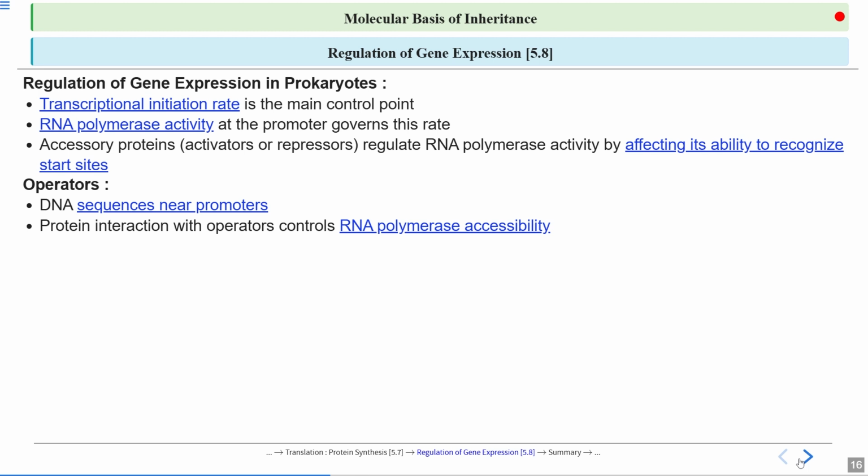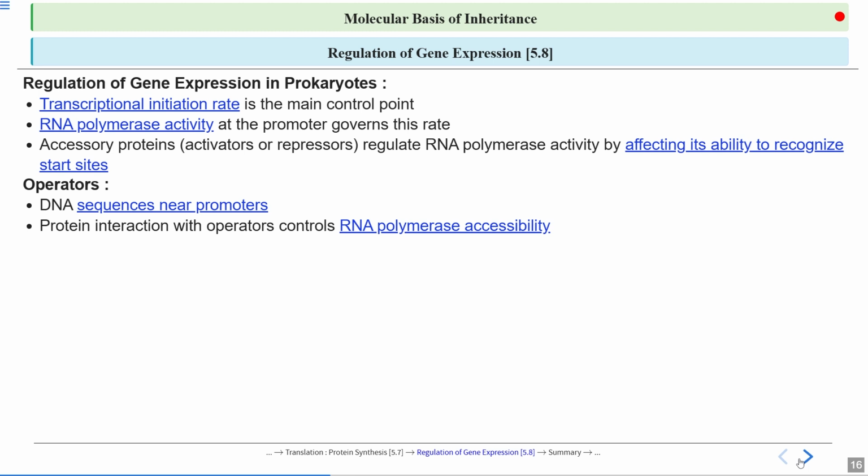So for example, operators. This is not a protein. Actually, this is a DNA sequence. It is the DNA sequence near the promoter. Protein interaction with operators can control RNA polymerase accessibility. So here what it is saying is that we talked about accessory proteins that can regulate RNA polymerase activity.